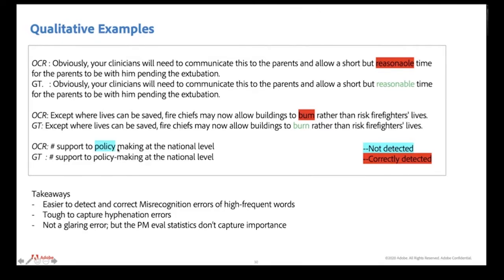So we will need to correct all of them to get a good score on the evaluation metric. But in reality, some errors are more glaring than something like this.